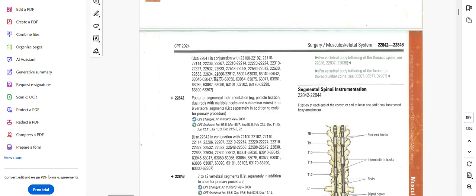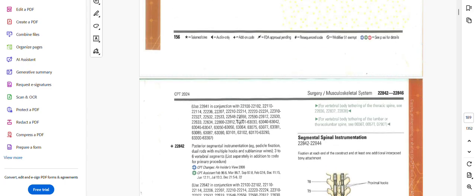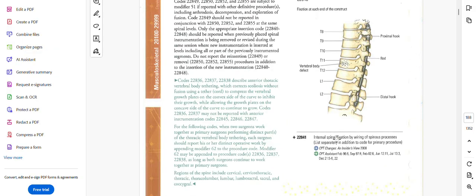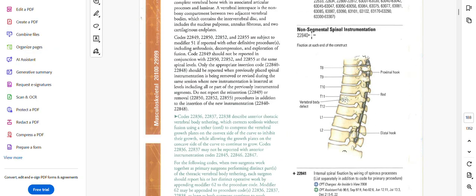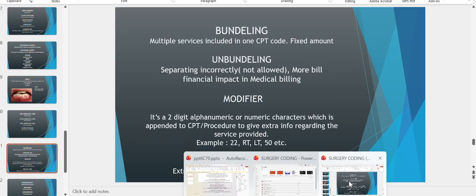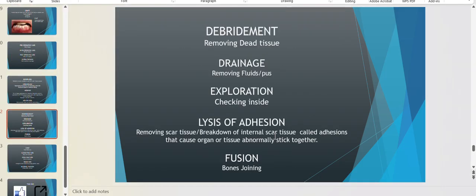How do we know? Because of the plus sign before that procedure code. The rule is that we should not report that code by itself. We have to report the main code before it. The main code is 2284. If something extra is needed, we add that one code. Add-on code means an additional procedure has been performed.